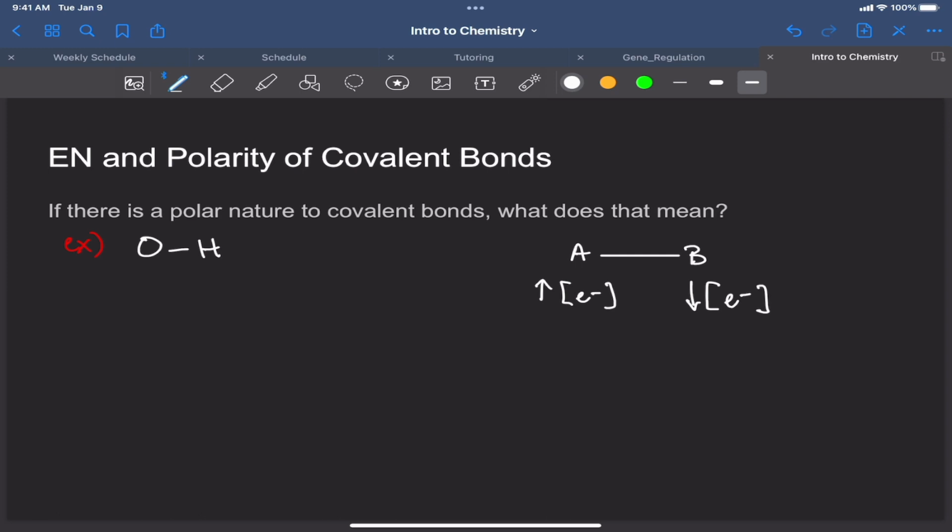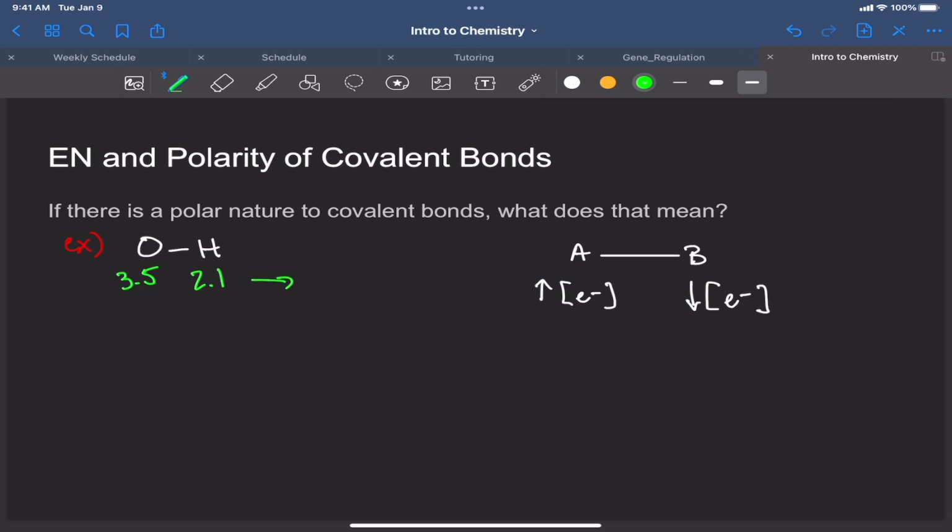And now how ionic bonds work is that pull is just so much, that difference is going to be so much that it's not going to matter what the less electronegative element does. It's really not going to have the electrons around it. So let's apply that to our oxygen-hydrogen bond. Oxygen has an electronegativity value of about 3.5. Hydrogen is 2.1.